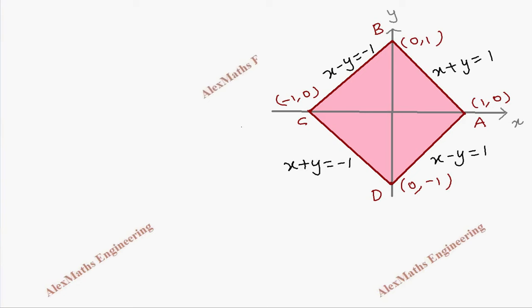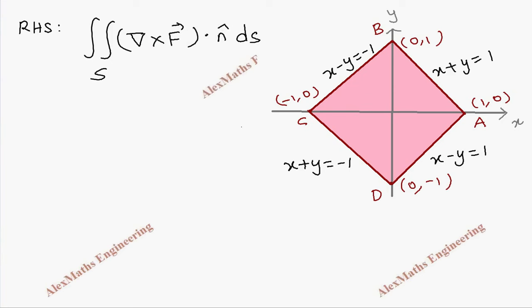Now coming to the right hand side of Stokes theorem, we have the double integral over the region S of (∇ × F) · n̂ dS. This is the F vector given in the question.